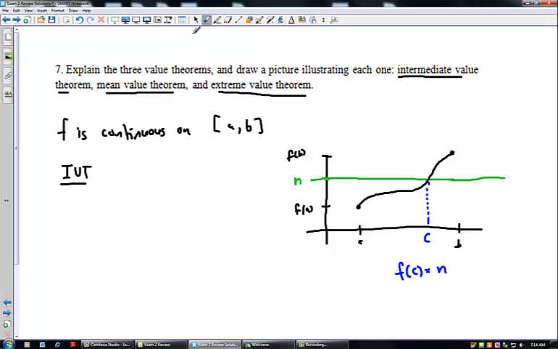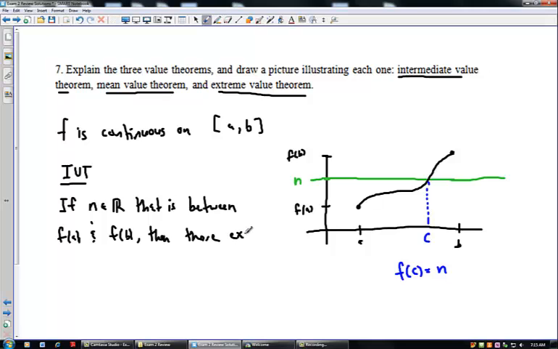That's it. So the statement, how we write this out, it's basically we say if n is an element of R that is between f of a and f of b, then there exists a c between a and b such that f of c is equal to n.